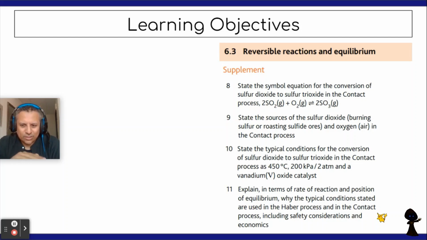You just want to try and control it, and there are some safety features and considerations that we will look into that help us control, particularly, the exothermicity of this reaction. It does release a lot of heat, and we'll also see how that heat can be used to make the process a little more profitable.